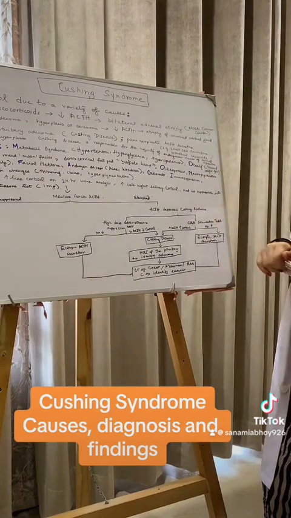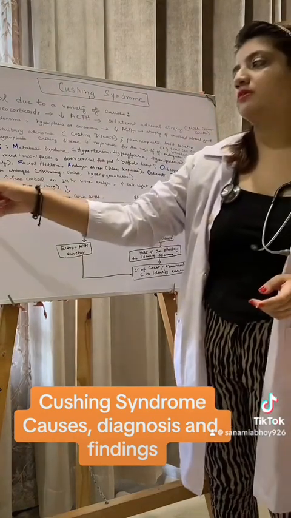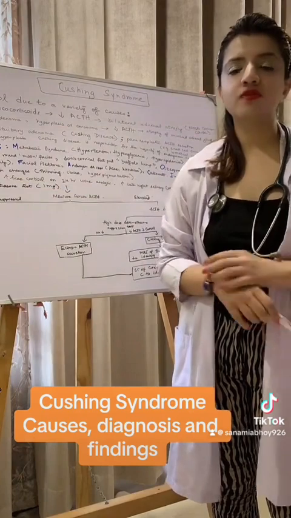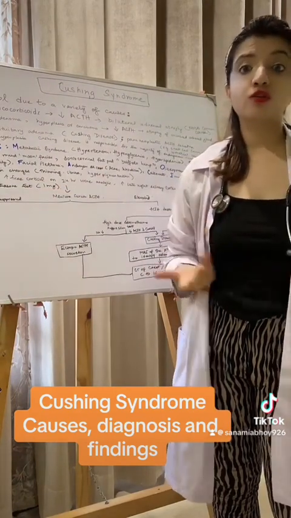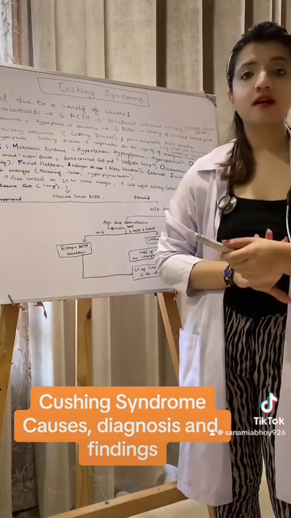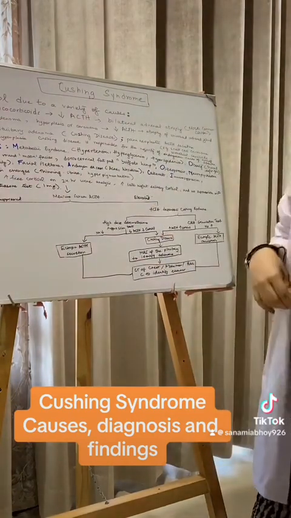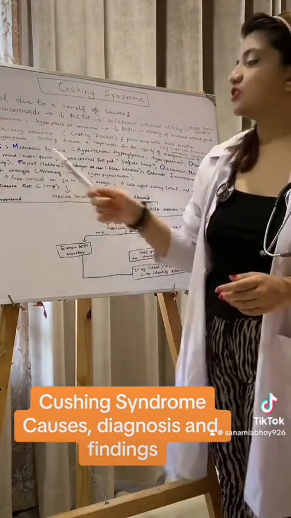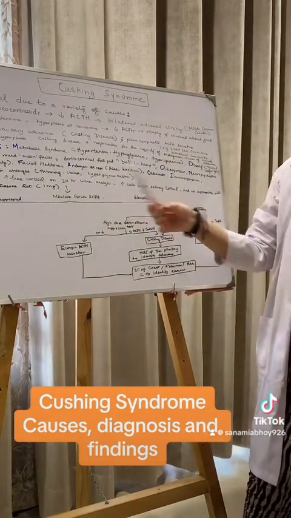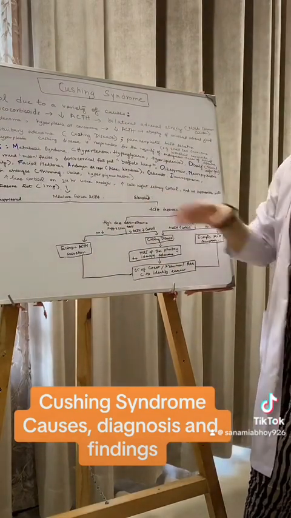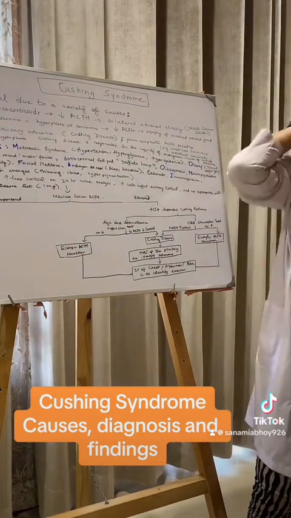You'll feel fatigued, right? And then we have ecchymosis, which is easy bruising. You will get bruised very easily, and you will not know the cause for it. You will be getting these purplish bruises on your skin, and they won't go away for a long time. Then we have skin changes: there's thinning, there's striae formation, and then there's hyperpigmentation on your skin.